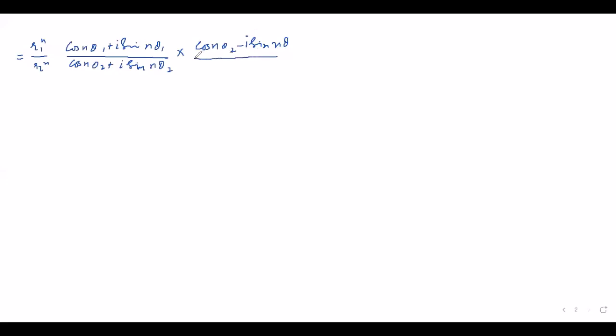That is, we get r1^n/r2^n equals, into, the result, cos nθ1 + i sin nθ1 divided by cos nθ2 + i sin nθ2, and we multiply the denominator by its conjugate, cos nθ2 - i sin nθ2, divided by cos nθ2 - i sin nθ2.